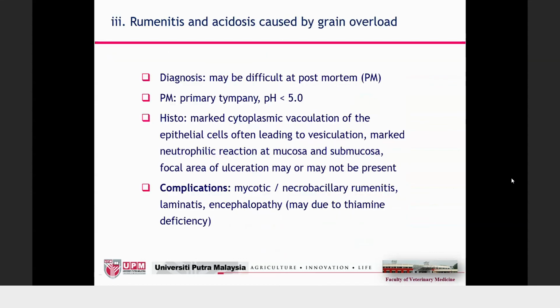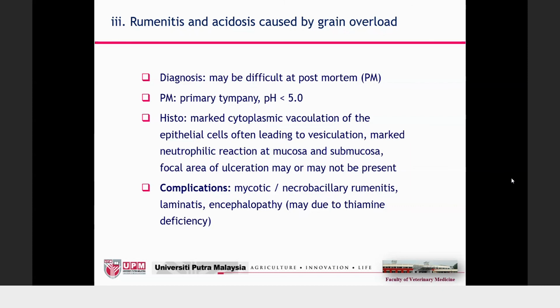Another important part is acidosis, usually due to grain overload. I mentioned earlier, sometimes in terms of diagnosis, it may be difficult at postmortem. It is a primary tympany. The pH of the rumen is low, for example less than 5.